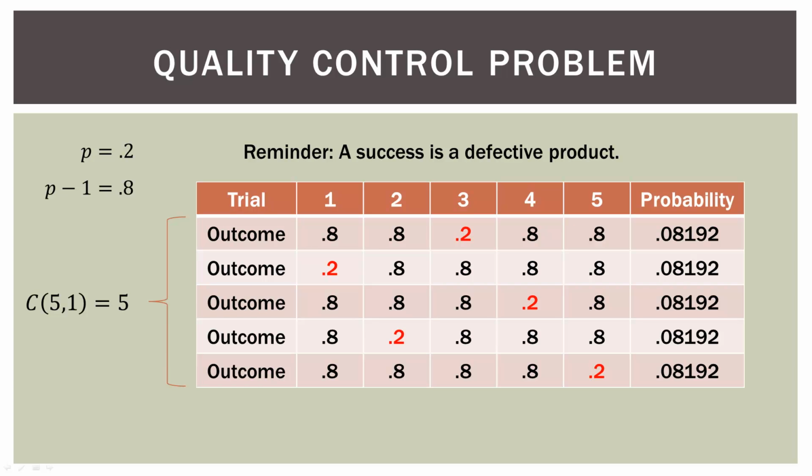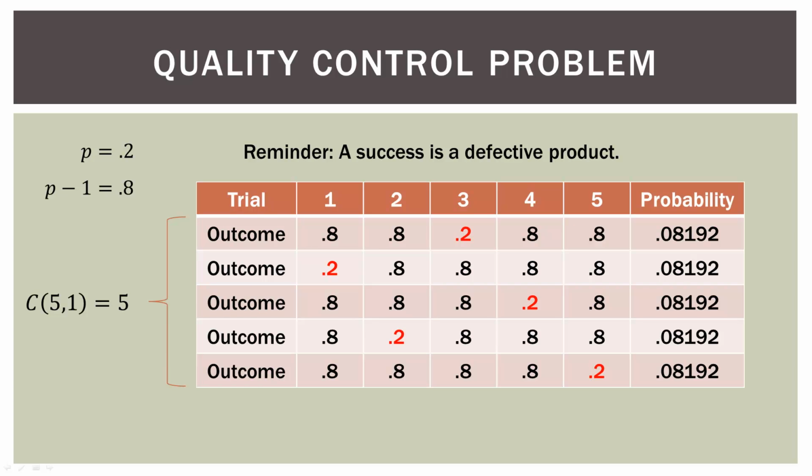The probability of that happening is 0.08192. Now look at the second row. Well, all we've done here is rearrange the numbers. In this one, the success, or the defective product, comes first. But the multiplication doesn't change. It's still a 0.2 and 4 0.8s. So we multiply that together and we get the same thing, 0.08192.